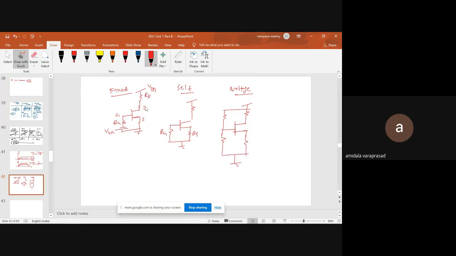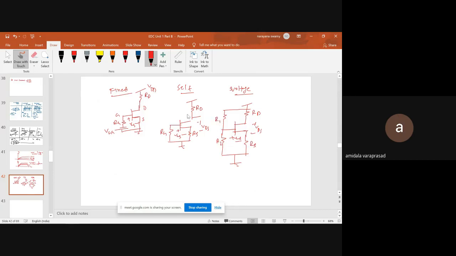We have one capacitor on the input side and one on the output side, which is common. And this is VGS, here also plus minus VGS, and plus minus VDS. This is RD, here also RD, RS, R1, R2.